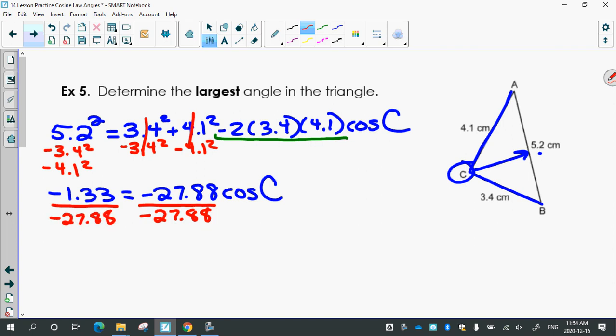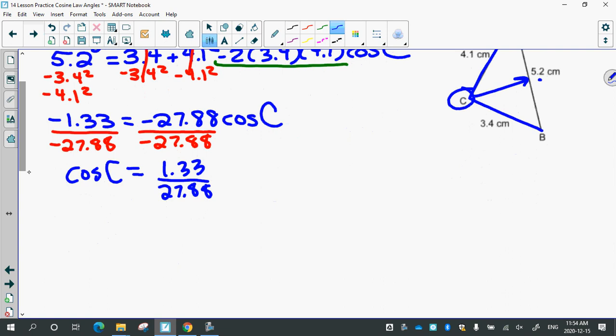So on this side, I've just got cos C. And on the other side, I see that two negatives divided by each other make a positive. If you are worried about that, just keep the negatives and enter them in your calculator. Then your last step is to undo cos by doing cos inverse.